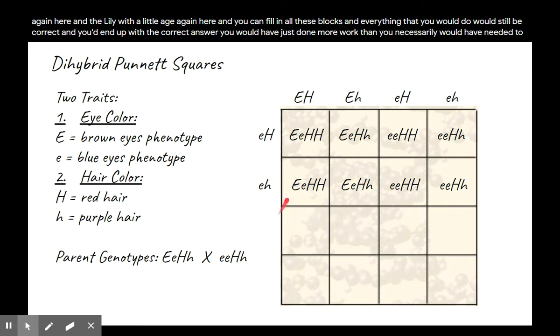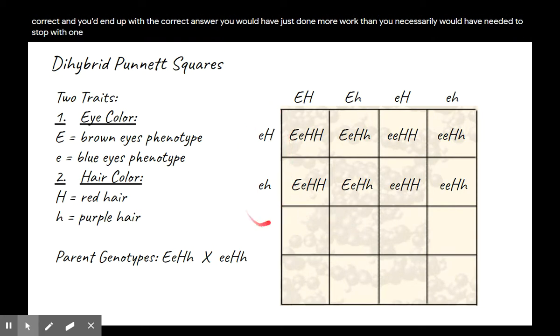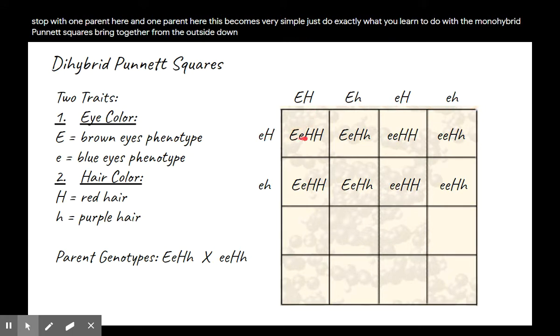Once you have things set up with one parent here and one parent here, this becomes very simple. Just do exactly what you learned to do with the monohybrid Punnett squares. Bring together from the outside, down, and across, and recombine your E's and your H's together.